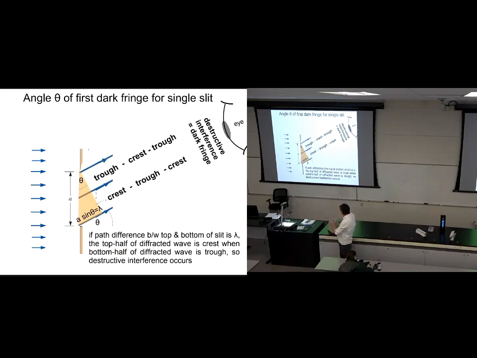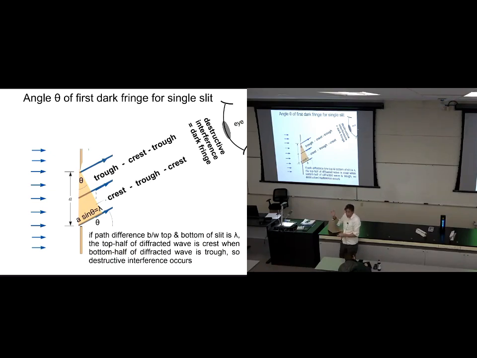And I've just drawn a few rays that correspond to these wavelets, but I've drawn a very special circumstance. I've drawn a very special angle at which I'm looking at this slit. I'm looking at an angle where the light that comes from the bottom edge of the slit, so that's this light ray here, the light that comes from this bottom edge and heads towards my eye actually travels one extra wavelength than the light that travels from the top edge of the slit, then heads towards my eye.